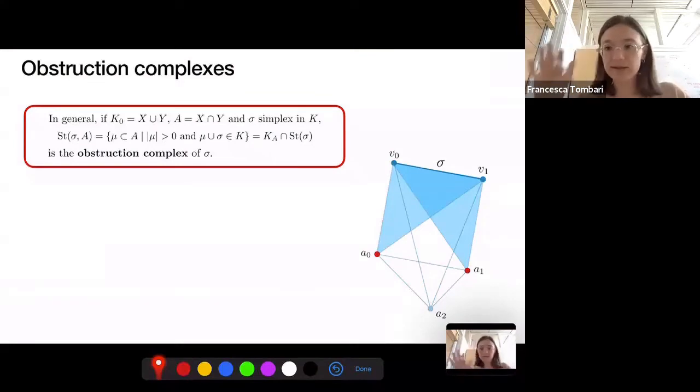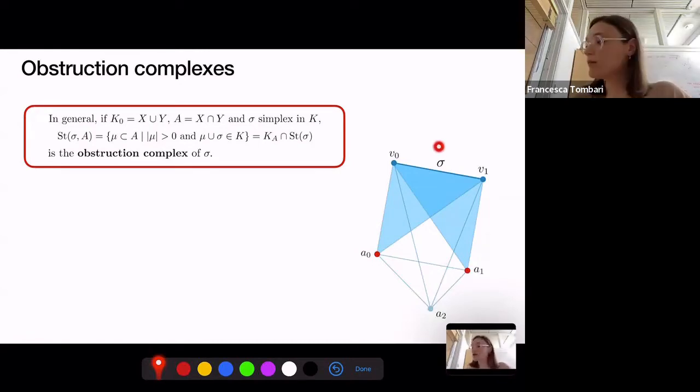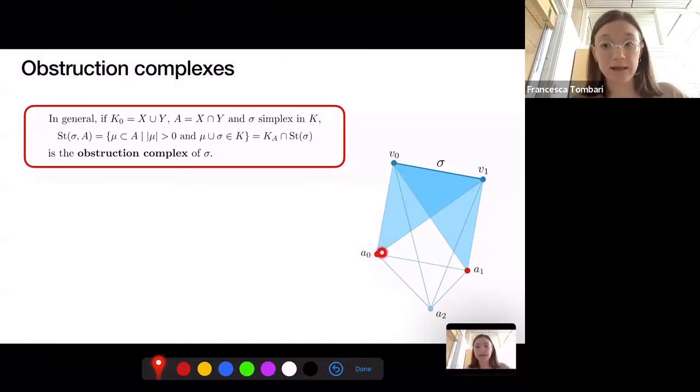The entire picture is your simplicial complex K. Now we are interested in finding the obstruction complex of sigma, which is just this edge V0, V1. So of course, not of course, but according to the definition, A0 is inside the obstruction complex because together with sigma, it forms a triangle in the complex K. Same for A1.